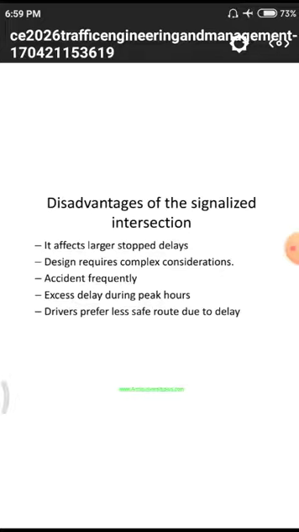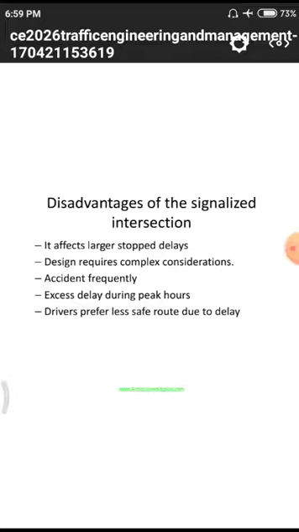Why? Because a huge quantity of vehicles stop there, so there may be vehicle horns and vehicular sound, which may cause noise disturbance to the buildings, so it requires complex considerations.